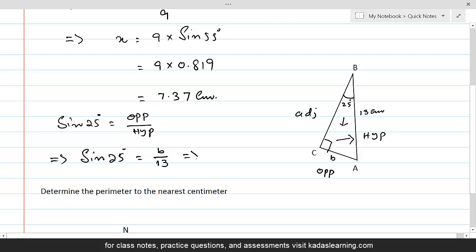This means b is 13 times sine 25 degree, and sine 25 is equal to 0.42, and this gives us the overall value for b as 5.49 centimeter.